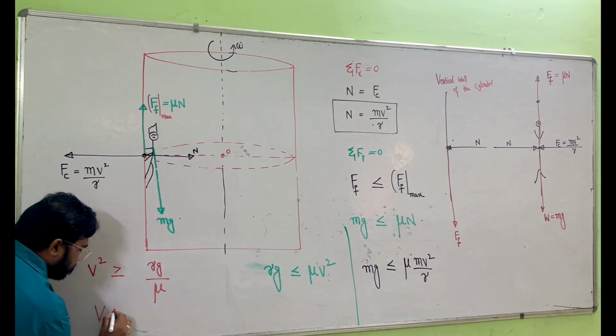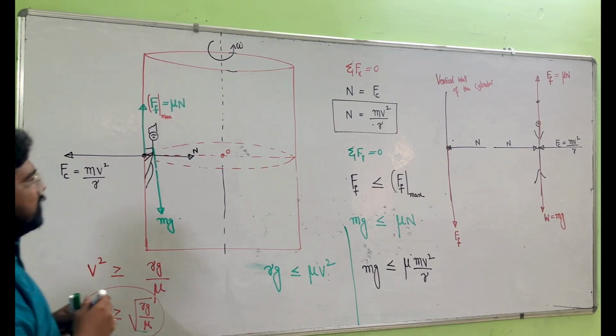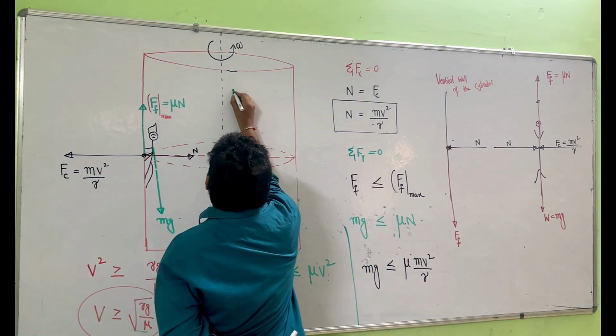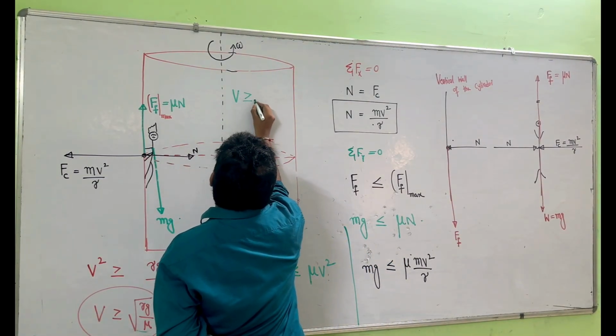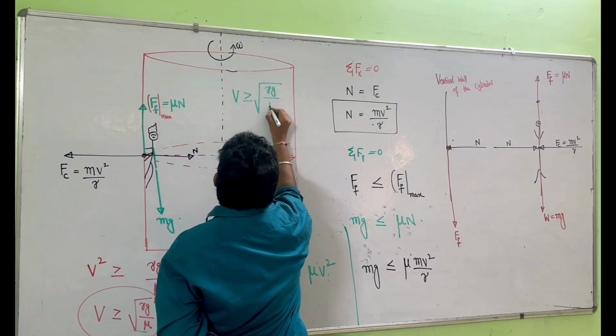So v is greater than or equal to square root of rg by mu.